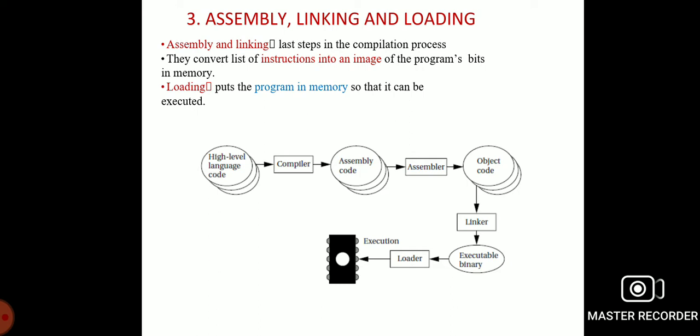Next is the assembler. What is the function of the assembler? The assembler is used to translate the symbolic assembly language statements into the bit level representation of instructions. It is known as the object code, and it also translates labels into addresses. The linker determines the addresses of the instructions.